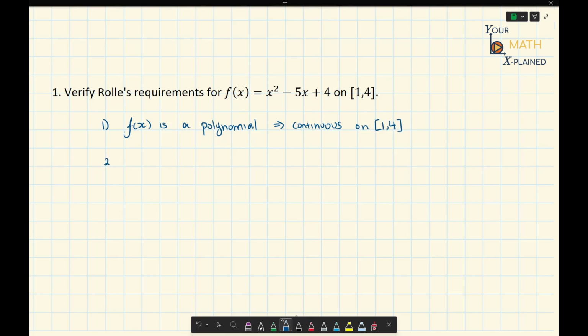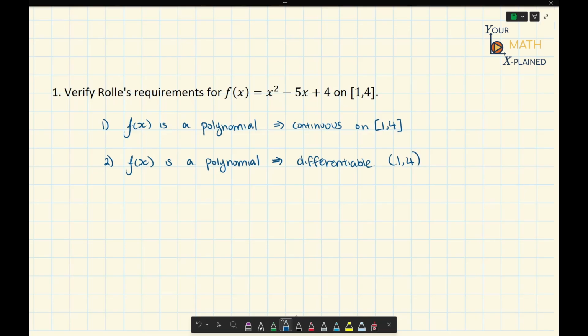And then the second condition is that our function must be differentiable. And this is for the same reason. Because f of x is a polynomial and polynomials are differentiable everywhere, we can say that, therefore, this is differentiable on the open interval 1, 4.